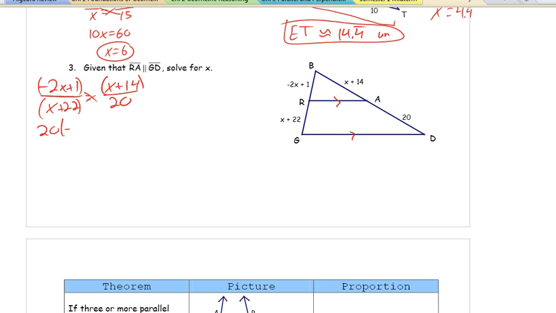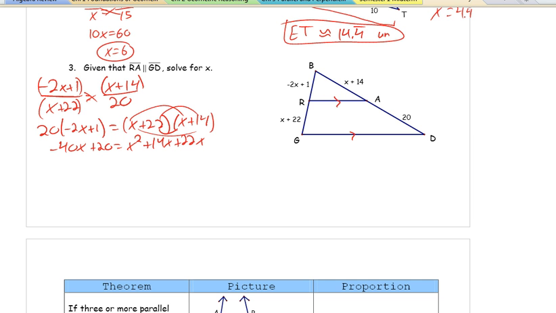So we have 20 times negative 2x plus 1 equals x plus 22 times x plus 14. So you get negative 40x plus 20 equals, this is a FOIL, x squared plus 14x plus 22x plus 22 times 14 is going to give you, I believe, 308. So you have negative 40x plus 20 equals x squared plus 36x plus 308.